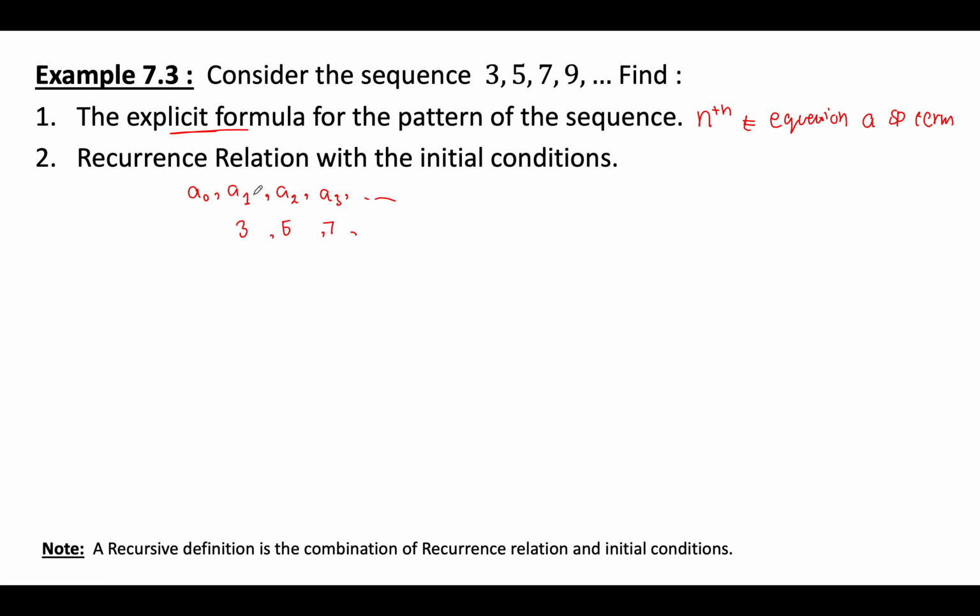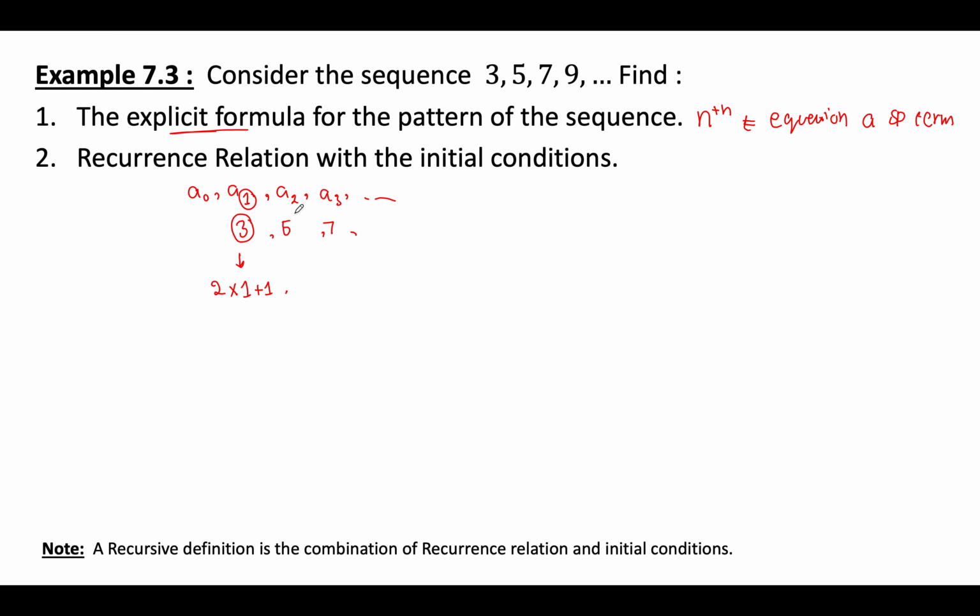Now I need to find the relation between the position and the value, not between the terms. All right, so if we notice here, 3 is equal to 2 times position 1 plus 1.